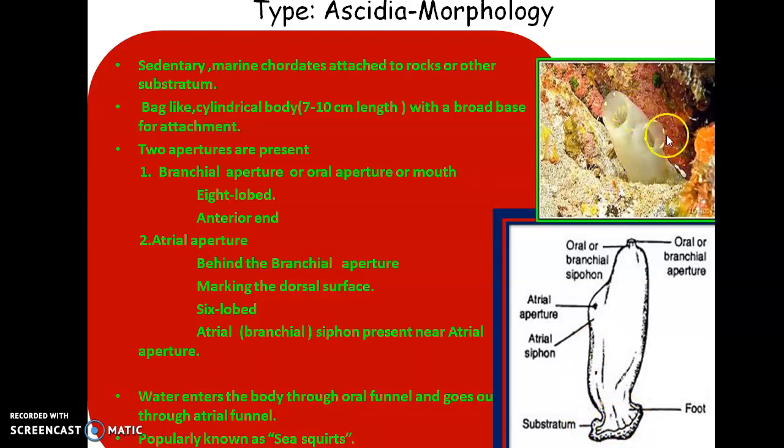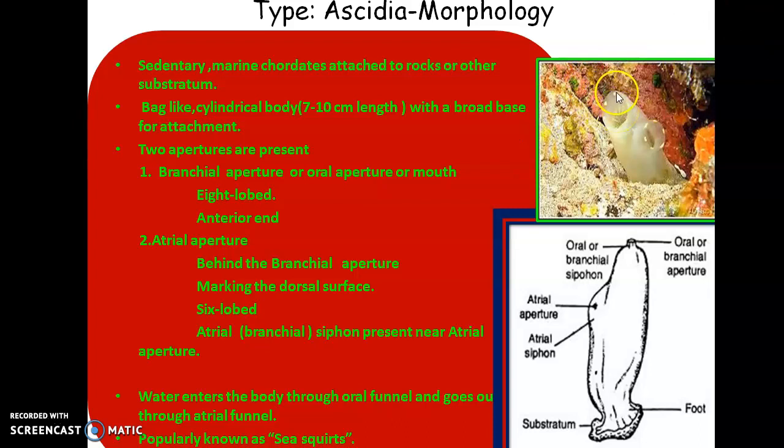If you analyze its morphology, you can see that it is provided with two apertures. One aperture is called the branchial aperture or oral aperture or mouth, and the other is called the atrial aperture. Let's see the difference between them. The branchial aperture, also known as the oral aperture, is mainly concerned with collecting food materials, and it represents the mouth of this organism.